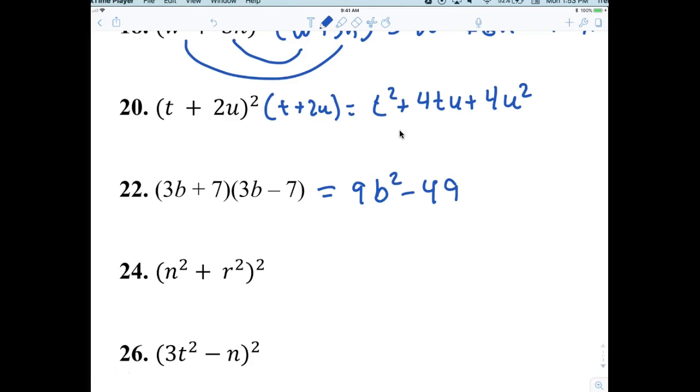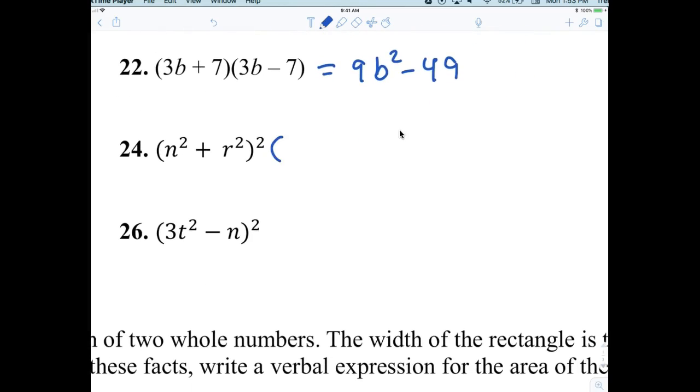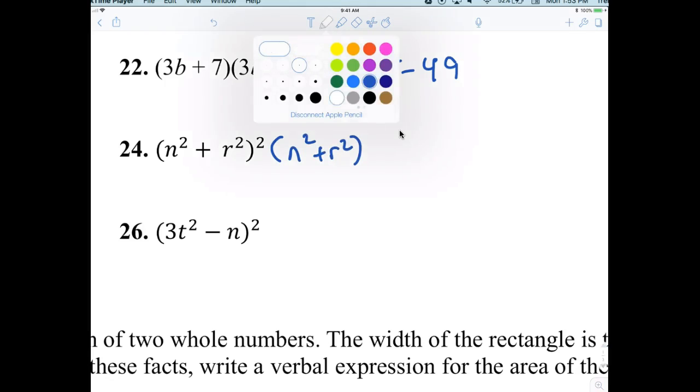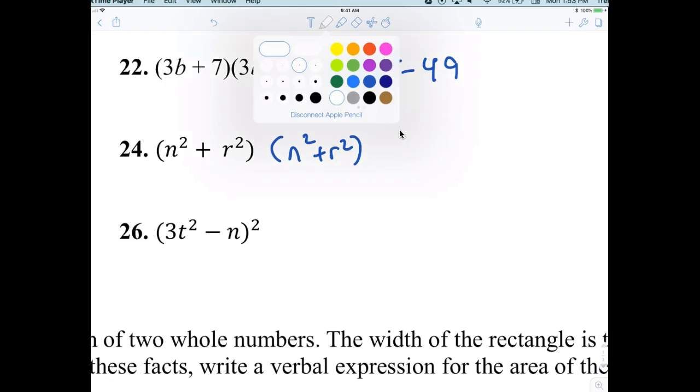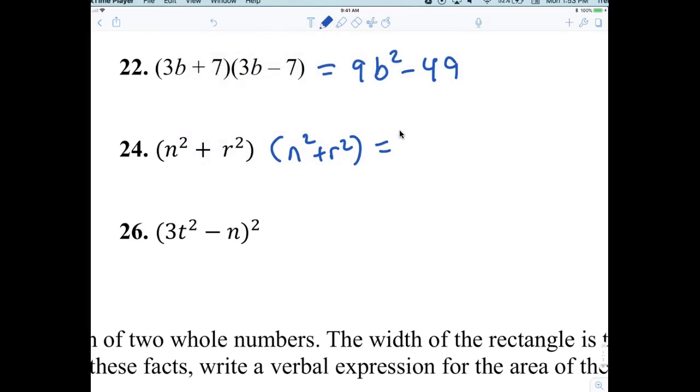Now, 24. N squared plus r squared. So now let's multiply. N to the 4th plus 2n squared r squared plus r to the 4th.